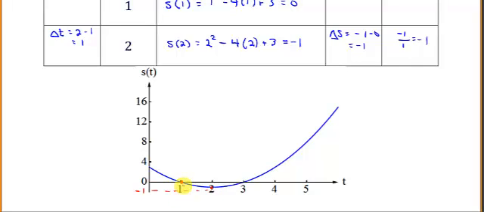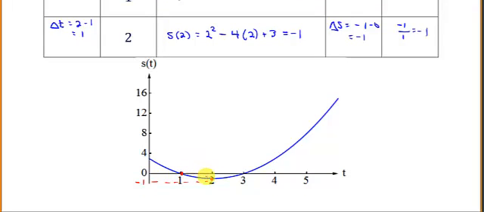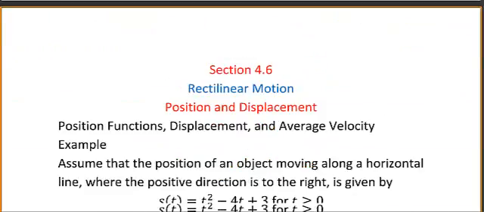Negative meaning we've gone in the negative direction, 1 unit. So this vertical change was negative 1. The horizontal change was 1 second of time elapsed. So our average velocity is negative 1 over 1. By the way, our average velocity is like the slope of this secant line here, the rise over run for that secant line.